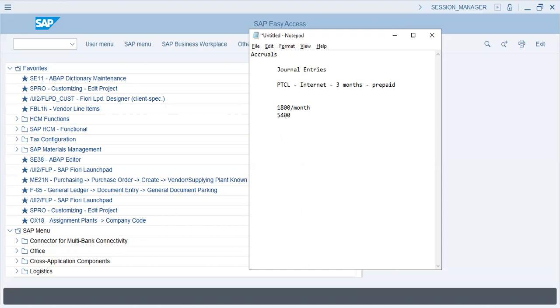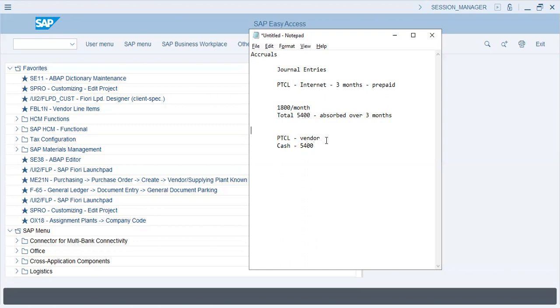Okay. Now this is the total amount that will be absorbed over 3 months. Now, what you do is you pay cash. PTCL is your vendor and you pay with cash. 5400 is paid. Okay, it's already paid.